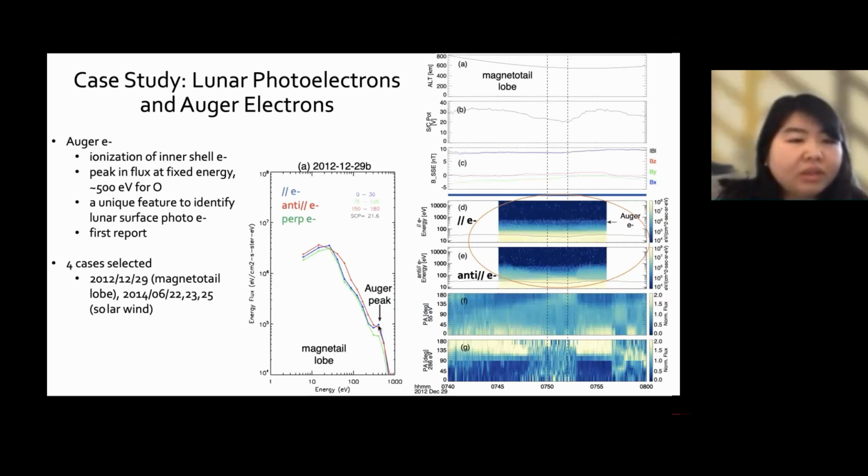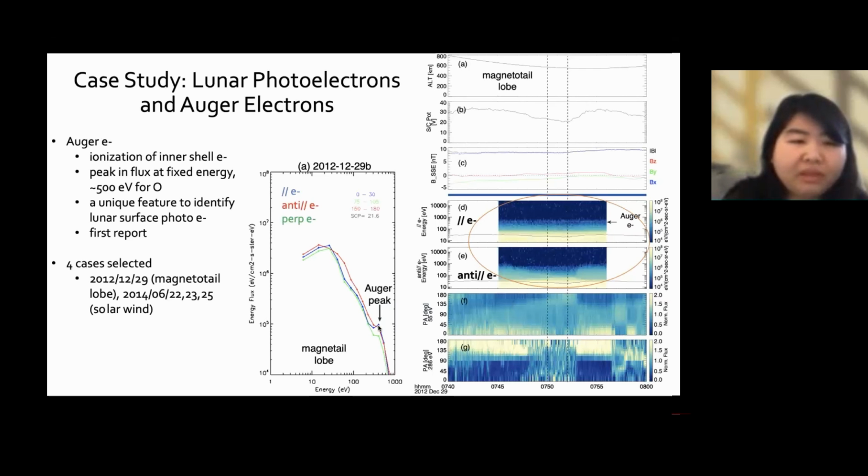This is a feature of what we call OKLL Auger electrons, which are a result of ionization of inner shell electrons. So it has a fixed energy, which is around 500 eV for atomic oxygen. This is a unique feature to identify lunar surface photoelectrons.